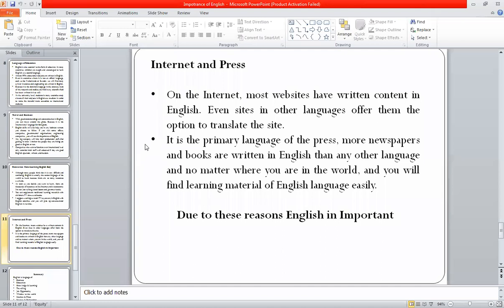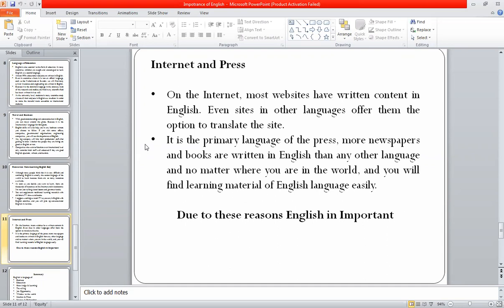It may be from English to Marathi, or English to Hindi, or English to Gujarati, or English to Tamil. So you can translate the content also and understand the meaning. But the better way is that for learning purpose, you will have to use English as a language.